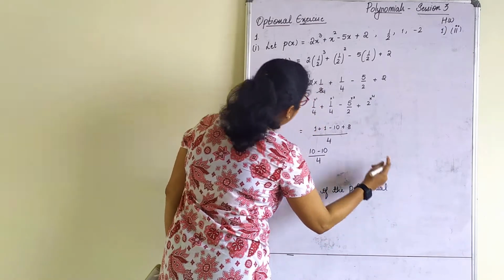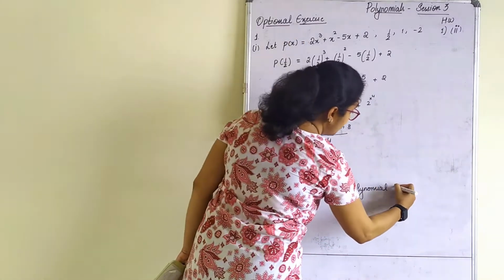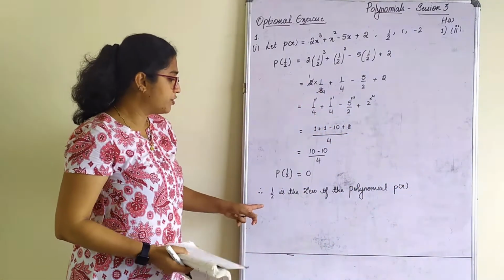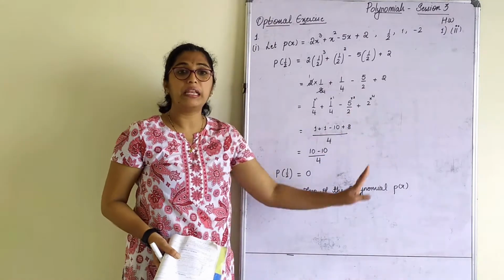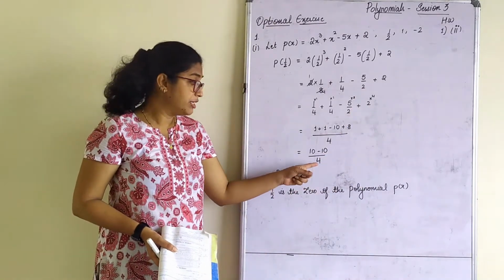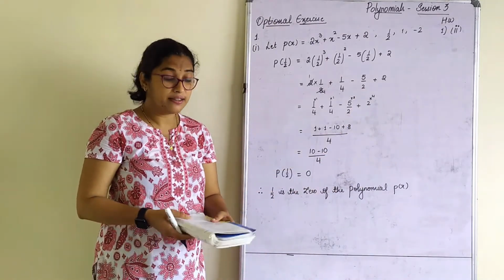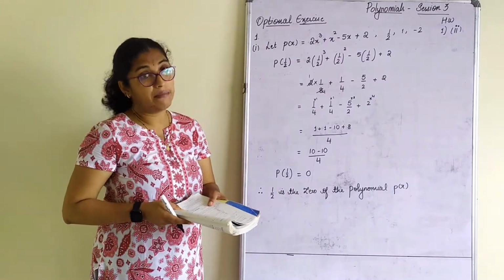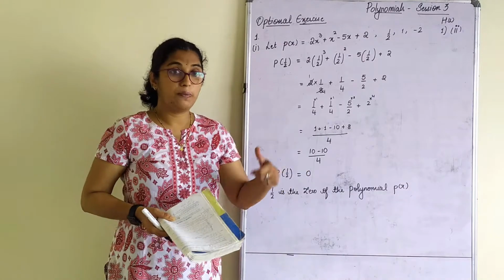See, polynomial I have written as p of x, no? Write p of x here. Simple. Otherwise, you need to again write the polynomial. Therefore, half is the zero of the polynomial p of x. Now, did you remember what you had done in 9th standard? Now, similarly, let us apply this for 1 and minus 2 also. Please comment on this.